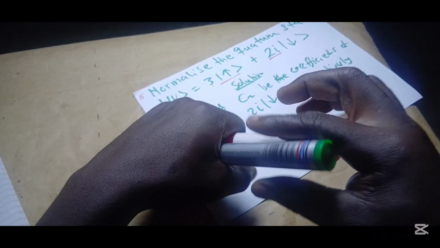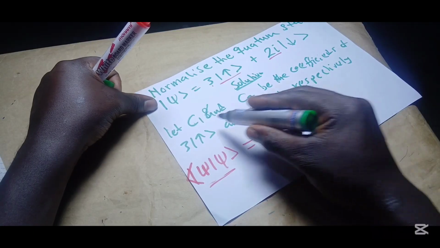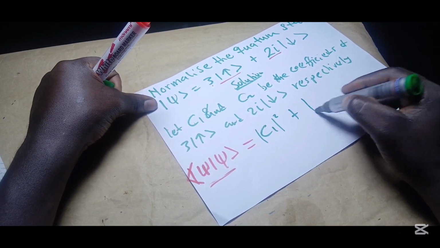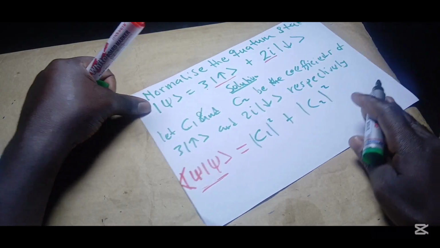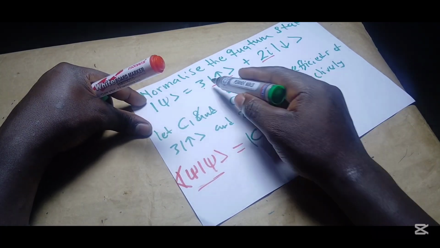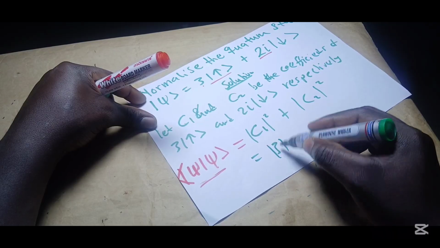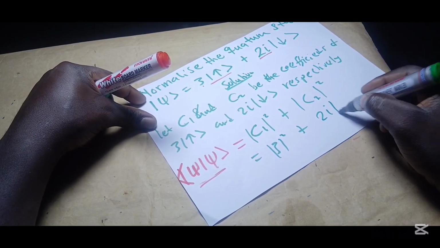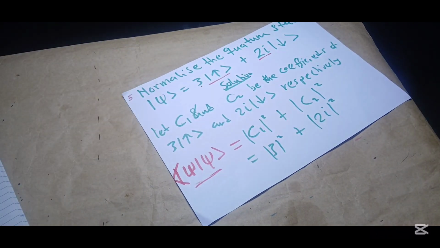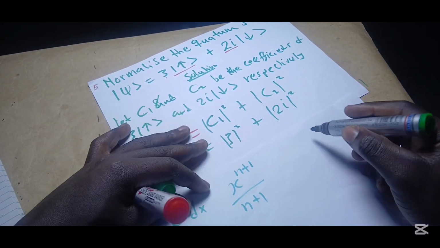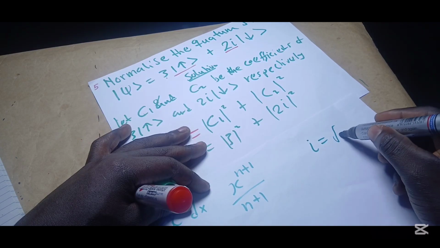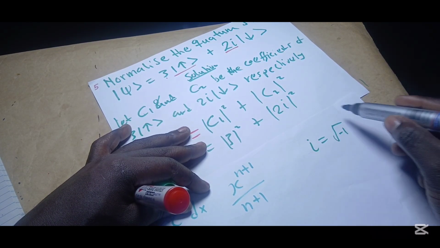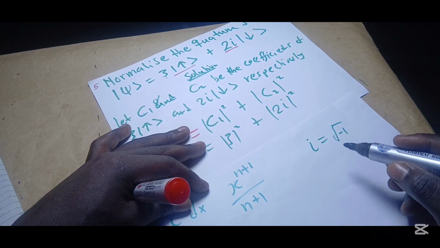So in this case, it's going to be absolute C1 squared plus absolute C2 squared. So what is C1? 3. So 3 squared plus C2, which is 2i, squared. Since we are looking for the absolute term, we know that i is the same as square root of -1, so the absolute of i is definitely going to give us 1.